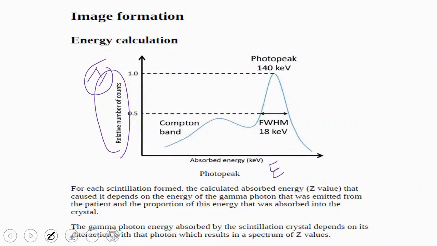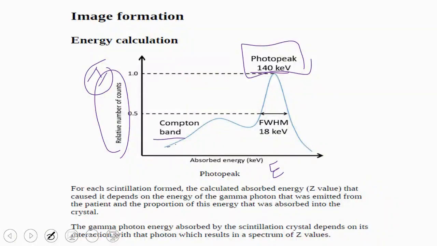They found that a large portion of the photons that interacted carried an energy of 140 keV. And there is a part called the Compton edge or Compton band or Compton plateau.